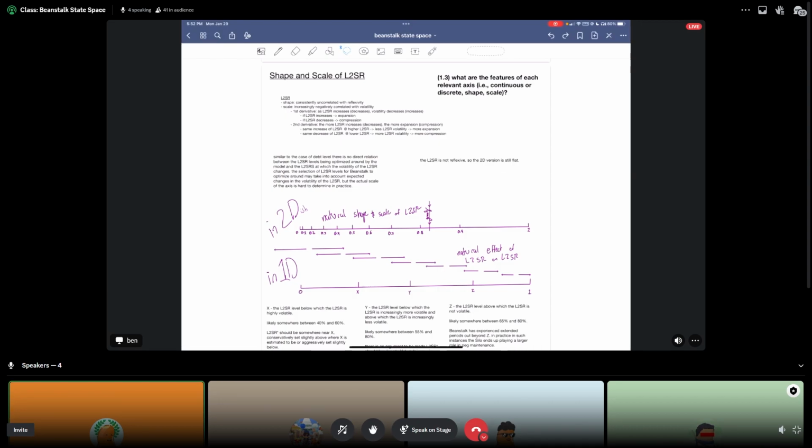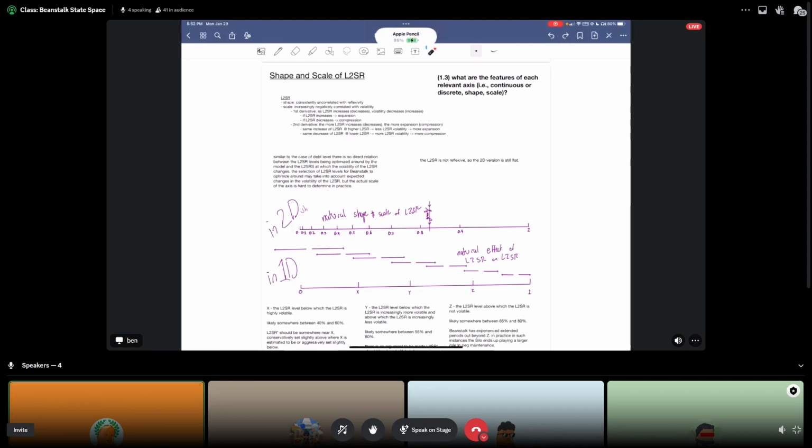So the scale is represented here to demonstrate that at lower liquidity levels, for a given force applied, more distance will be covered in practice. That's what this compression over here shows. And then at very high liquidity levels, there's just less of a significant change in liquidity.